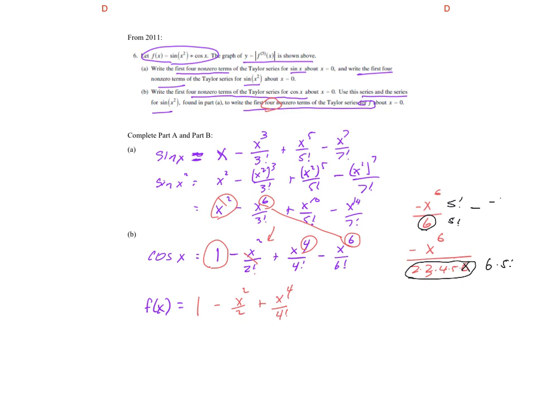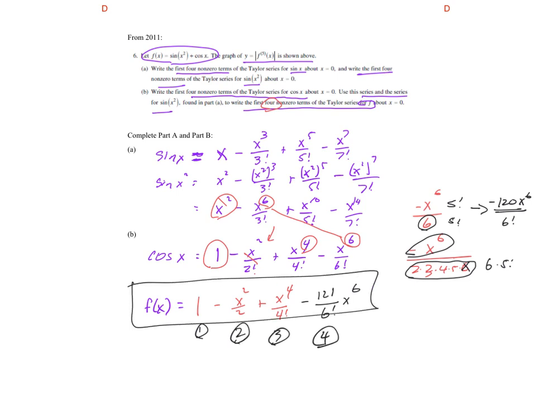So what I really have here is a negative 120 x to the 6th over 6 factorial. Then if I've got a negative 120 and a minus 1, that gives me a negative 121 over 6 factorial x to the 6th. And I have my first, second, third, 4th term. So now I am done with that question. All righty, that is D. I'll see you on the next one.